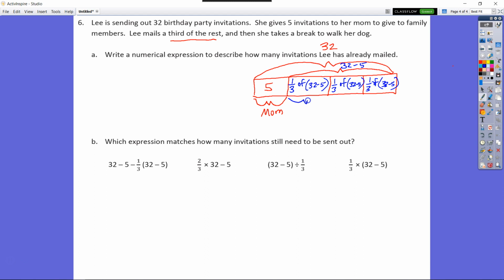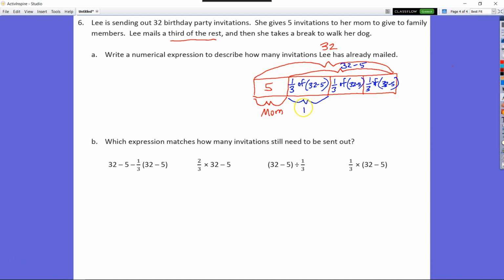She mailed out this here, 1. So she mailed out 1/3 of the remaining. So we would say that she had the difference between 32 and 5 divided by 3. She split it into 3 groups.